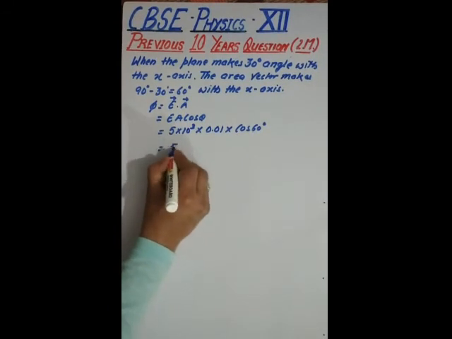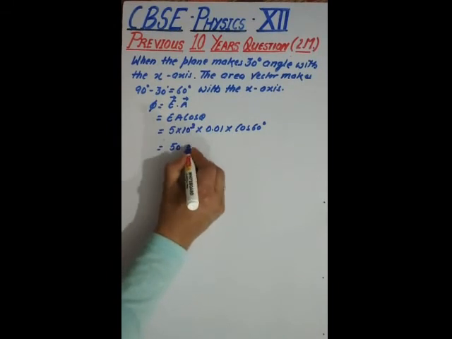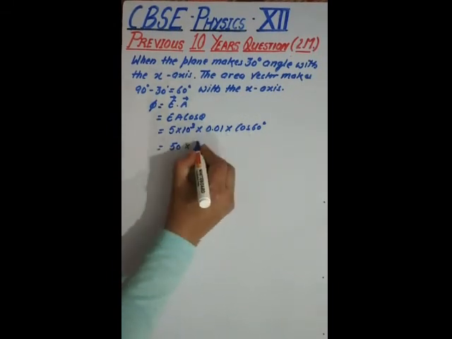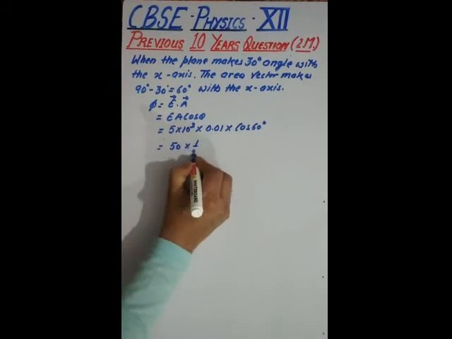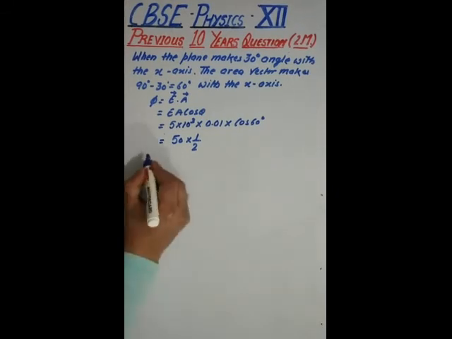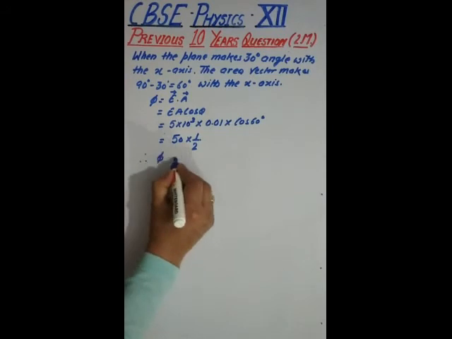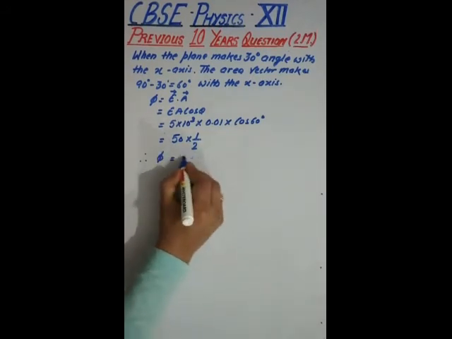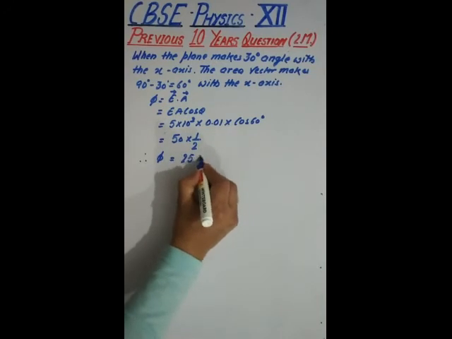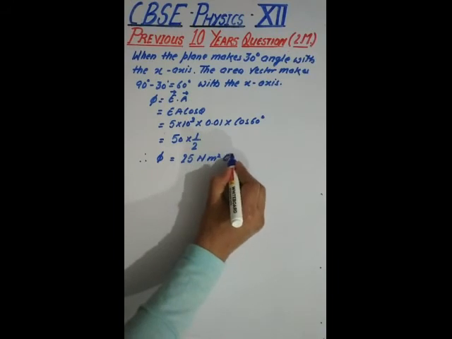When we multiply these two numbers we get 50, into cos 60, which is 1/2. Therefore, flux equals 25 Newton meter square per coulomb.